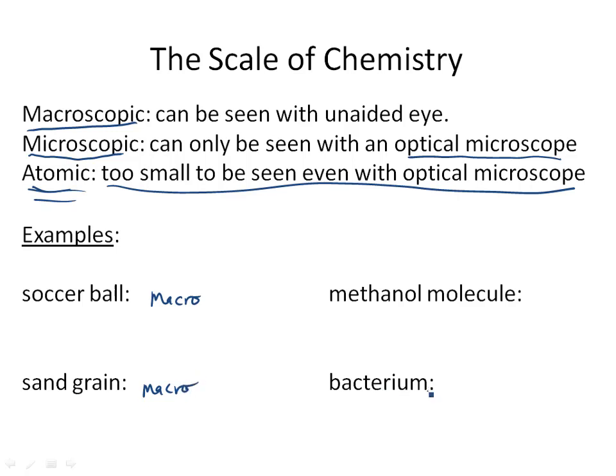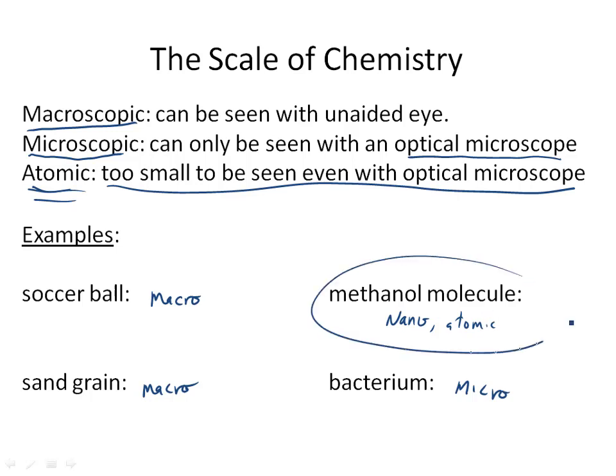A bacterium is too small to see with your eye, but you can see it in a regular light microscope, so that's microscopic. And a methane molecule is smaller than you can even see with a light microscope, so it's nanoscale or molecular scale or atomic scale. Those are all synonymous. Chemistry deals at the nano or atomic scale.